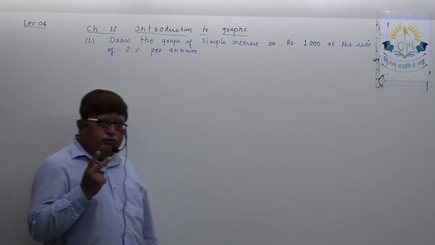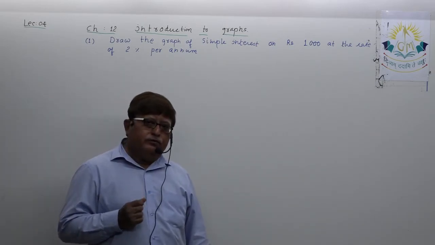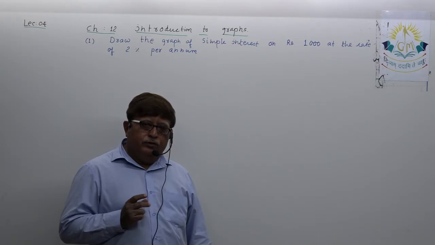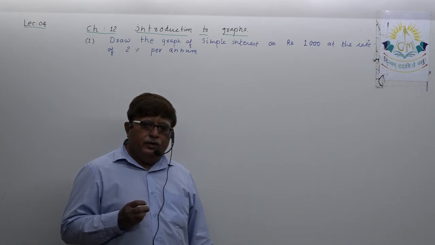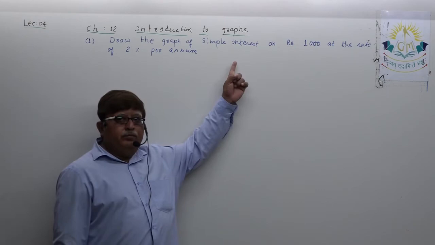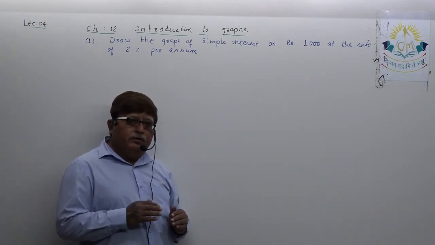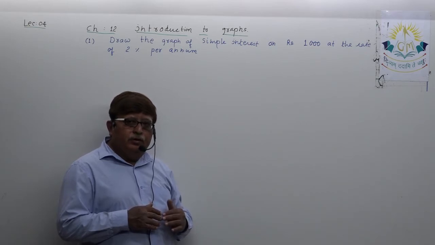So the two physical quantities which you need to suppose here in making a particular equation are one, simple interest, and one, number of years.